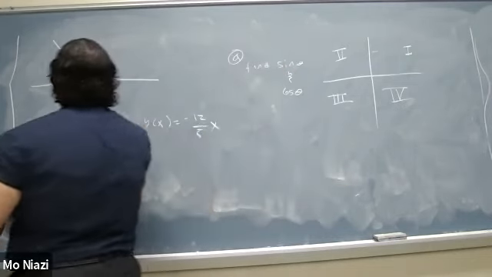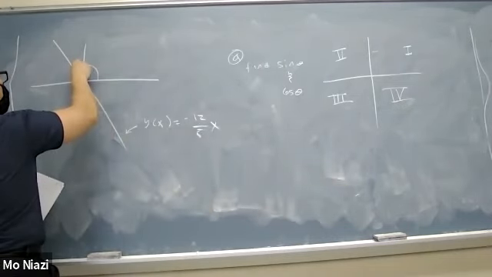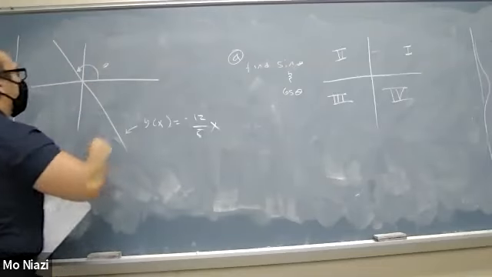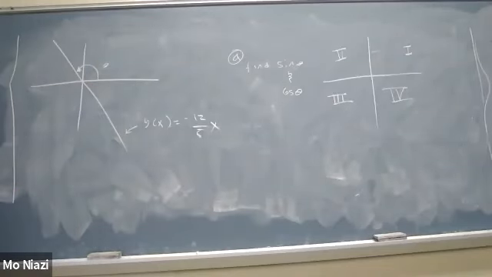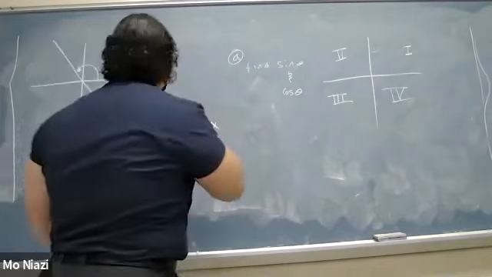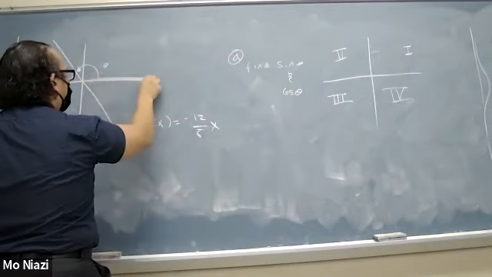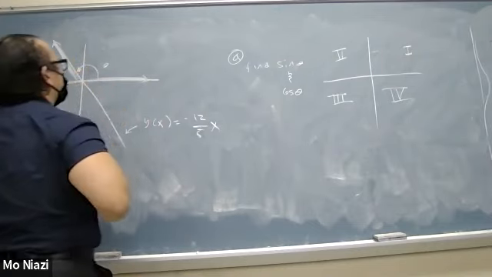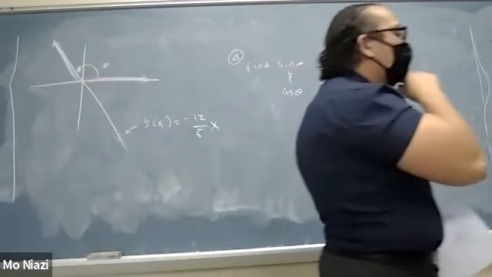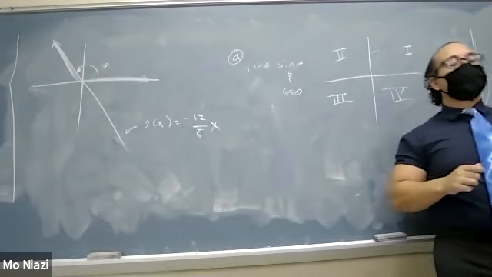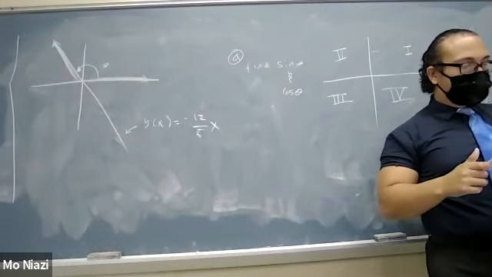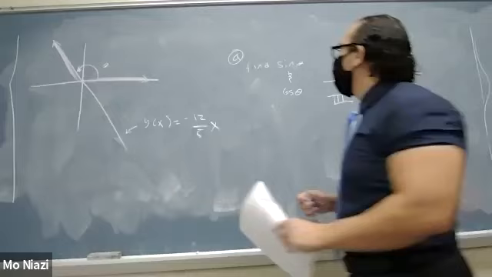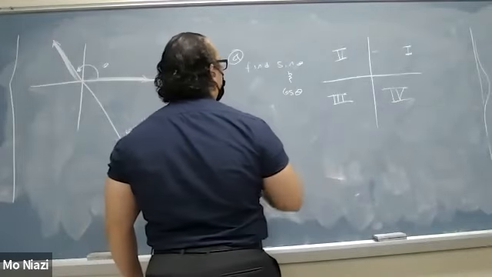For quadrant 2. So meaning, here's our theta here. What is the sine and cosine values for quadrant 2 over here? Meaning, here's our initial leg. Here's our terminal leg. Well, the way you do this is the way we've been doing it.